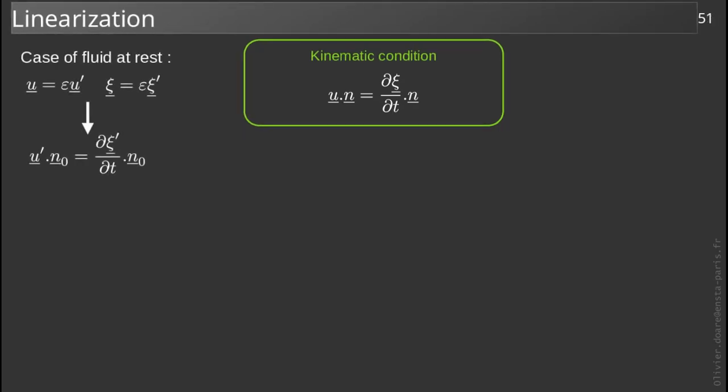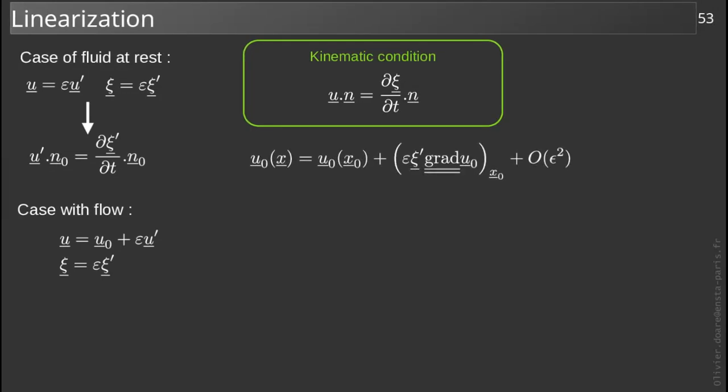Indeed, without flow, the linearized kinematic condition was written in the same way with only some primes, because both the velocity of the fluid and the displacement of the solid consisted only of terms of order 1. Here, the velocity also has a component of order 0. This complicates the linearization of this equation a bit.